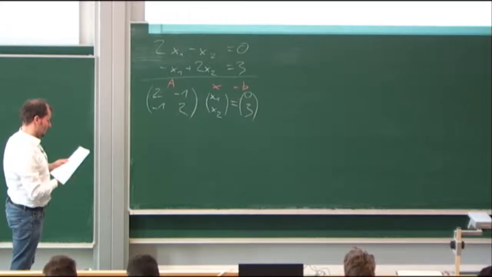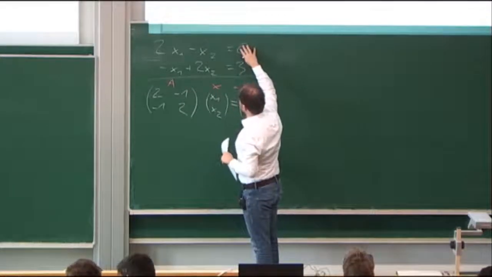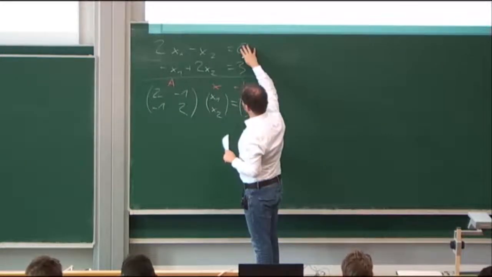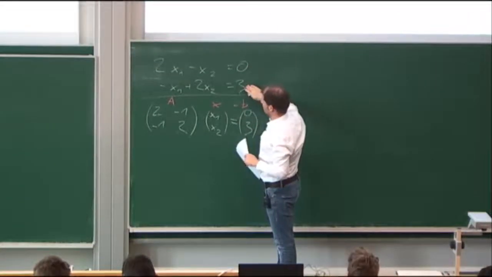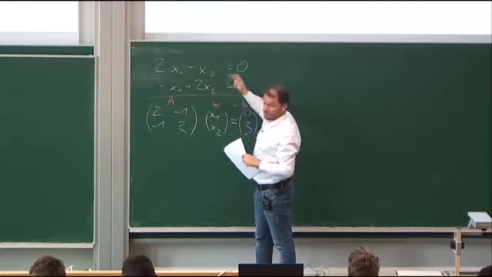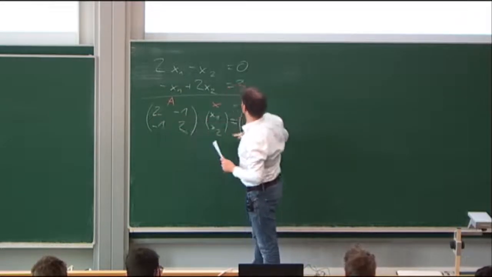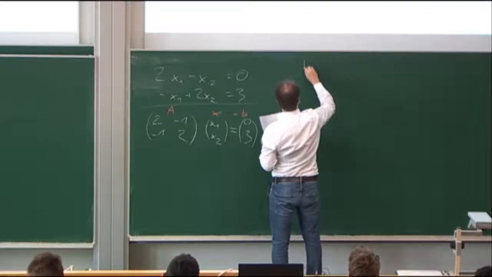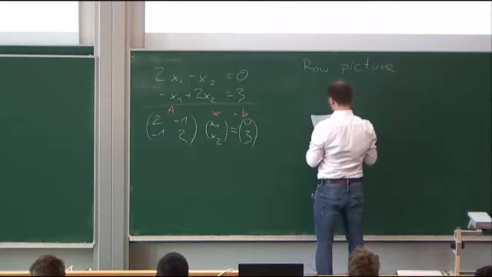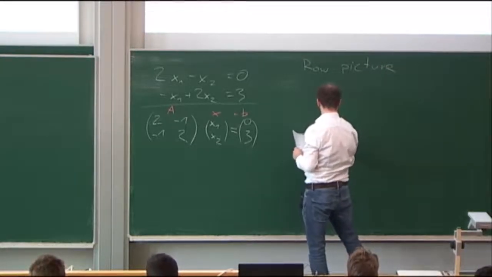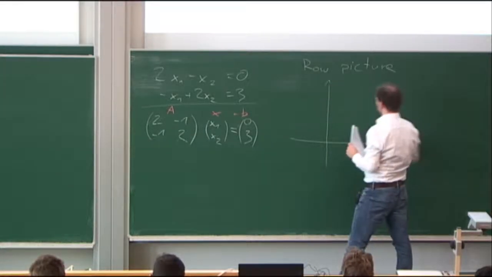And now what this actually means is, if we look at this, this specifies a line, and this specifies a line, and x1 and x2 are the positions where the two lines cross. So if we look at the rows of this equation, then we have x1 here and x2 here.